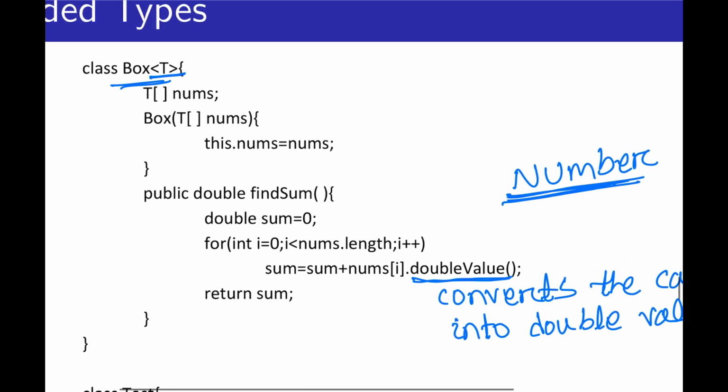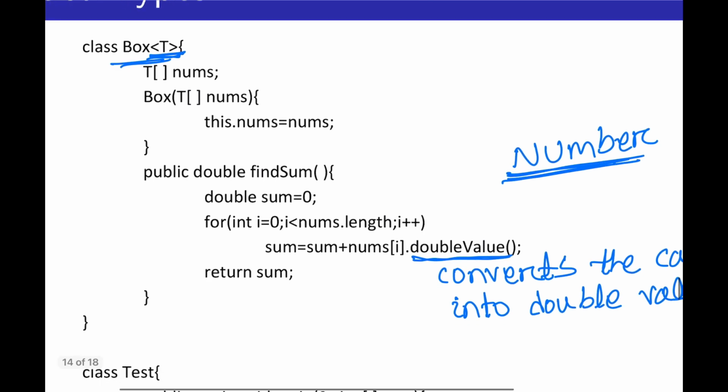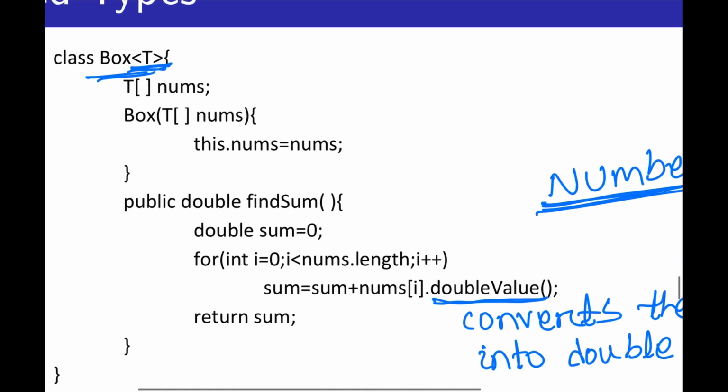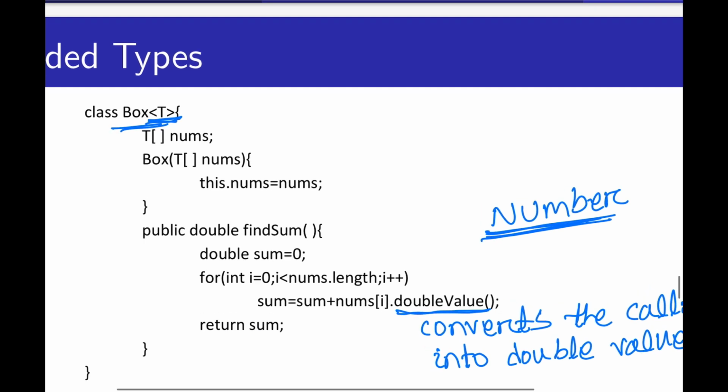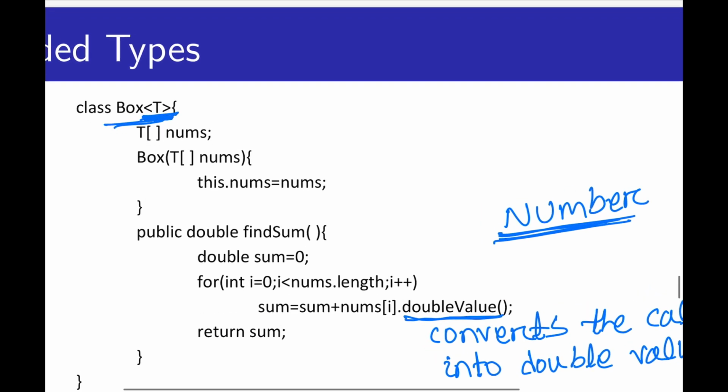So here the compiler treats T as any class. That's why it is showing a compilation error. To solve this problem, we need to inform the compiler that our objective is to pass only numeric types to T. This T class should be a Number class or a subclass of the Number class, not any class.